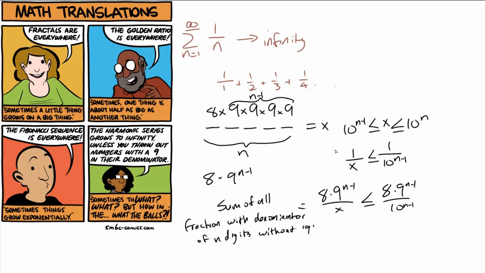So we're going to assume that x is a certain number of n digits, and since 1 over x is less than 1 over 10^(n-1), we know that the summation over all possible values of x, 8 times 9^(n-1) values, is going to be less than 8 times 9^(n-1) over 10^(n-1).